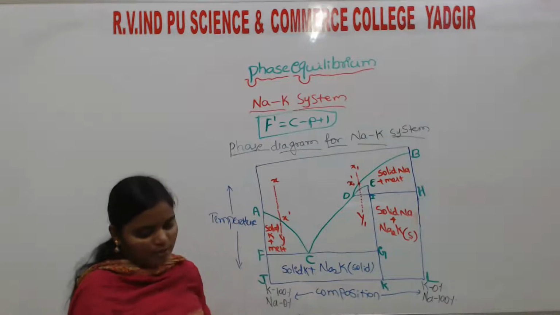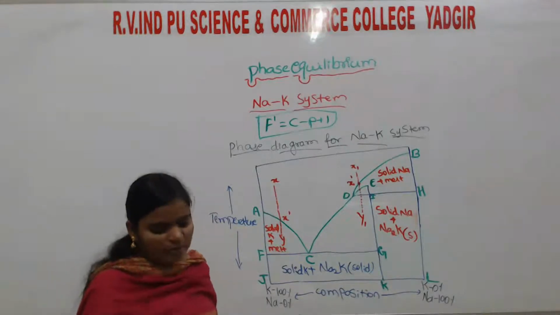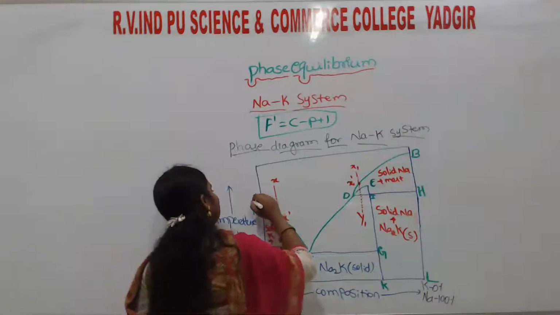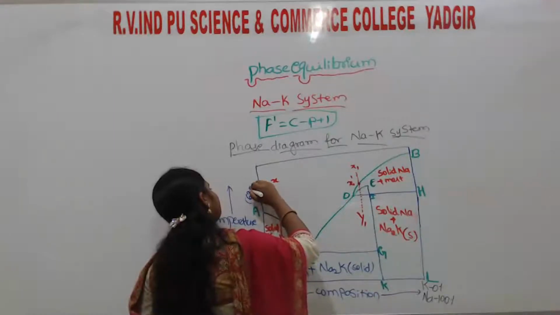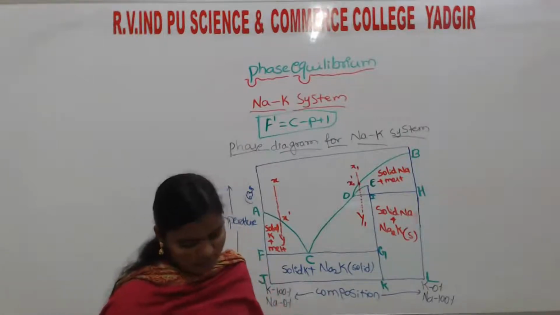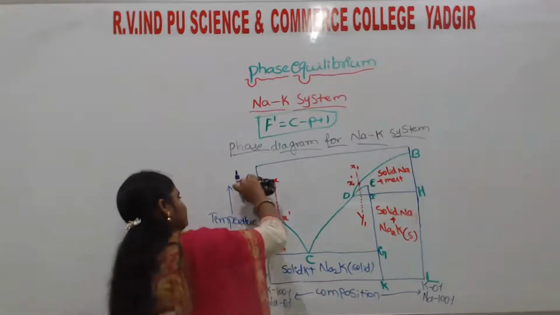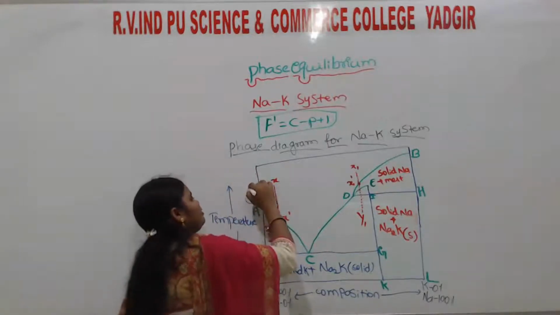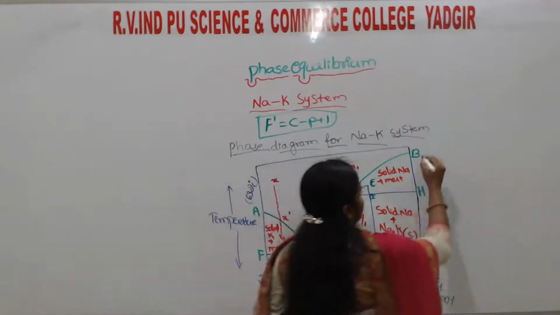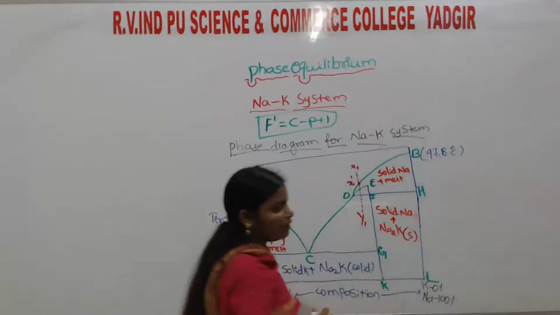Here the freezing point of potassium is 63.8, or 63.2 degrees Celsius, and this point is 97.8 degrees Celsius.